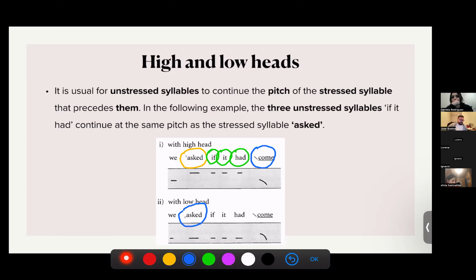If you pay attention, it keeps the same level. So if we read the first one: we asked if it had come. And the second one would be: we asked if he had come. So you keep the same level, but the other one changes.